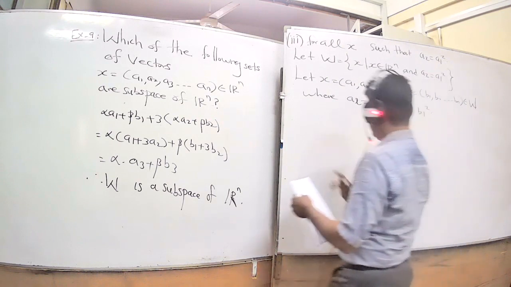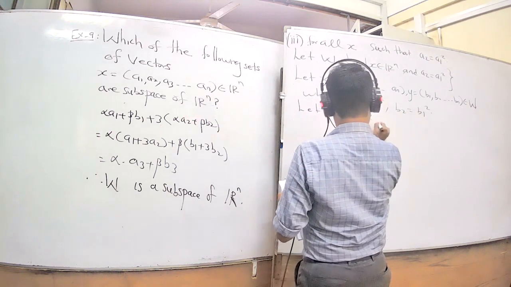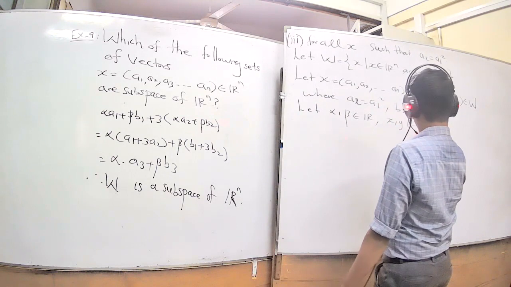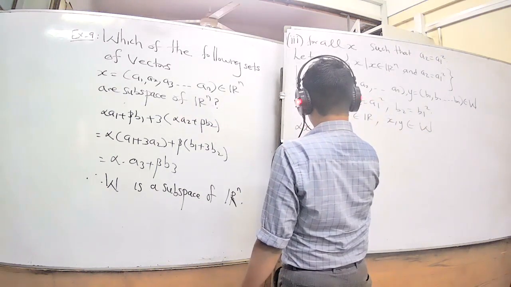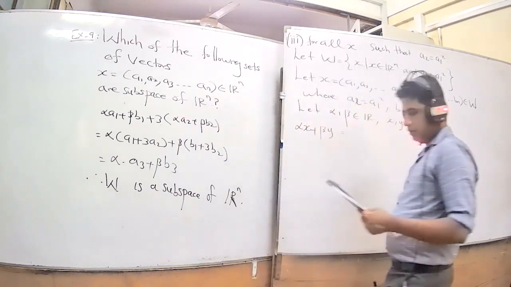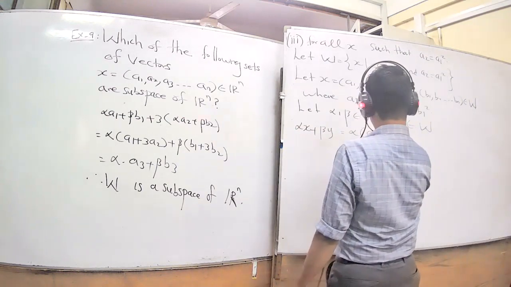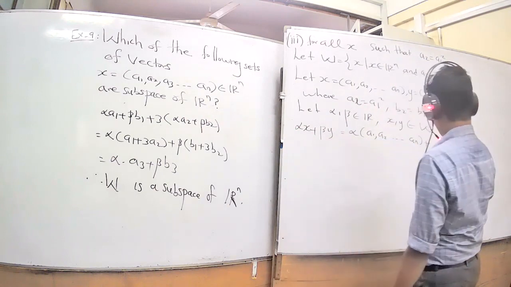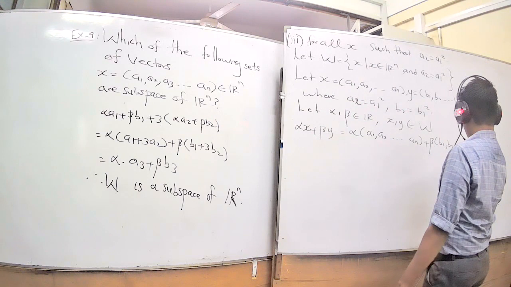So let alpha, beta belong to the reals, and x, y belong to the set W. So you take alpha x plus beta y. It is of the form alpha times (a1, a2, and so on, an) plus beta times (b1, b2, and so on, bn).